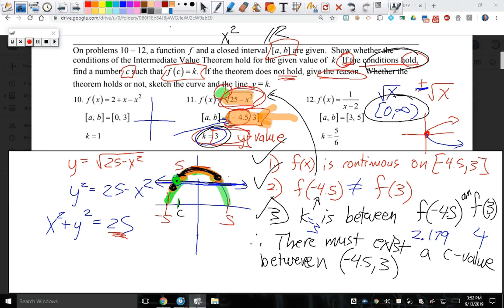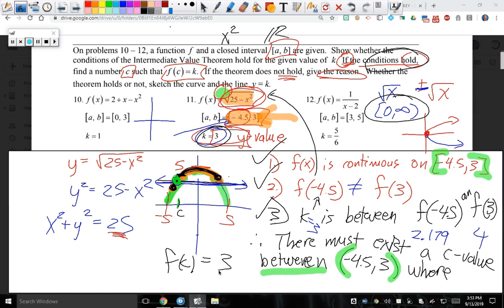They have to be in between. So these parentheses are very important here and very important up here, where f of c equals 3.